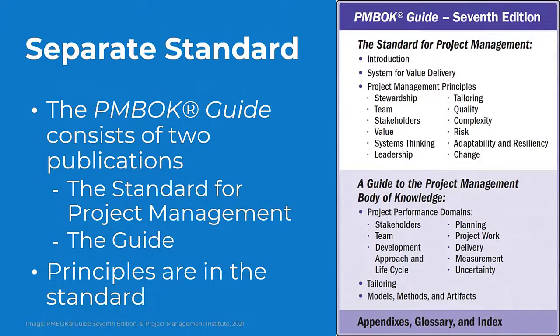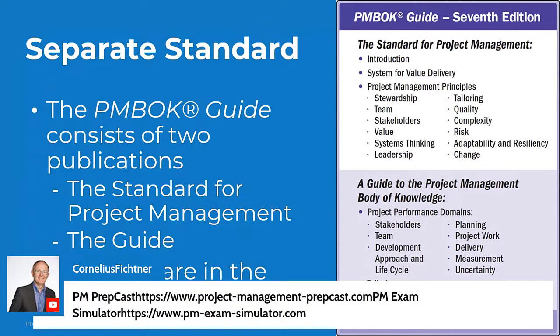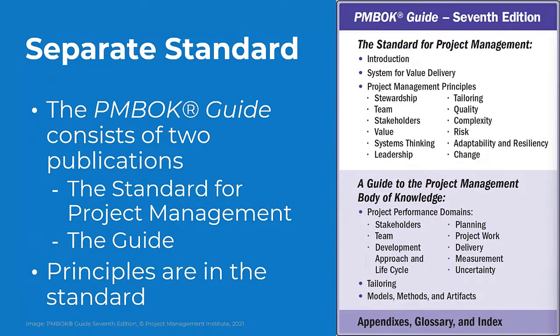Agenda item number 1 for today, the 12 principles that we have and that we've talked about or will be talking about 4 more. They're not actually coming from the PMBOK guide. They are coming from the standard for project management, the ANSI standard for project management. So on the right-hand side, you see this here for illustrative purposes, a picture that I've taken from the PMBOK guide.